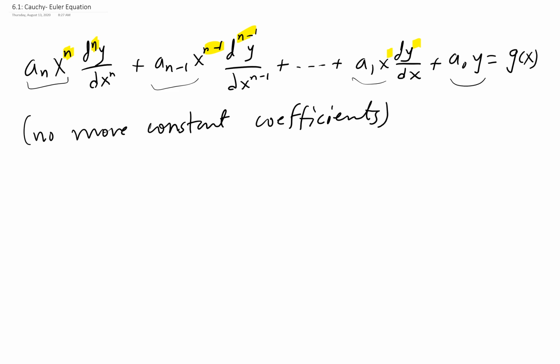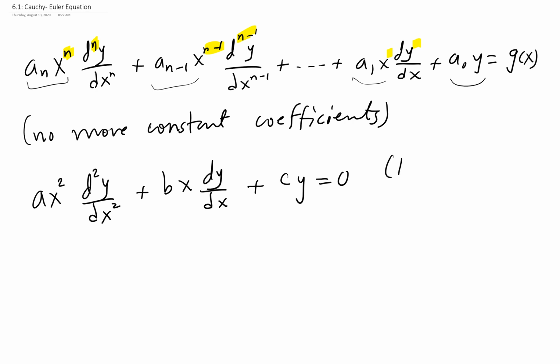And the question is how to solve such equations. For simplicity, I'm going to look at the homogeneous and non-homogeneous second degree. So a x squared d squared y dx squared. And then I'll show you an example at the end of today's lesson if it's third degree or higher. So that's the homogeneous one.